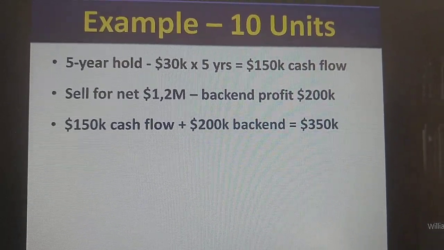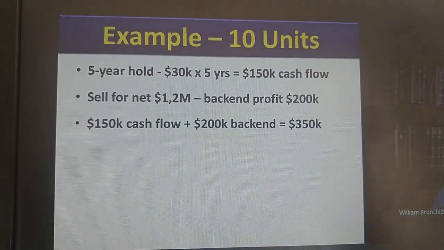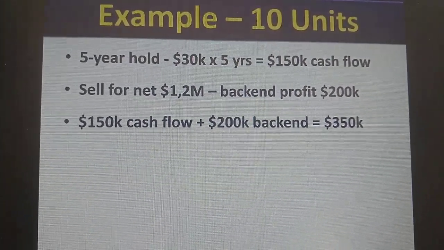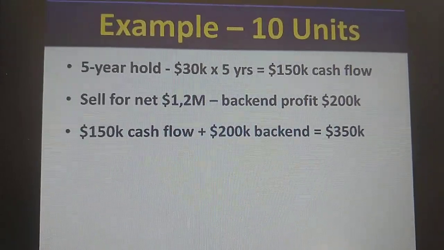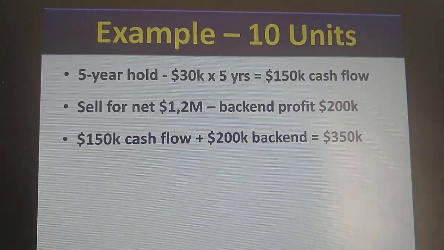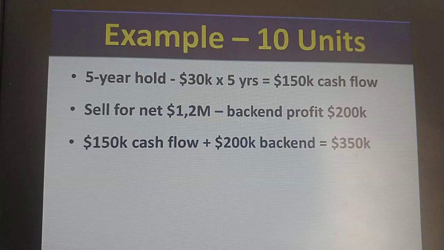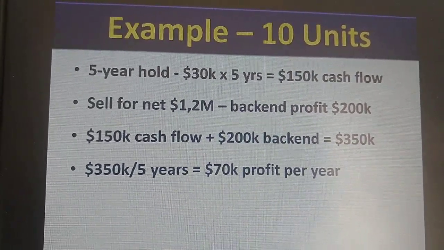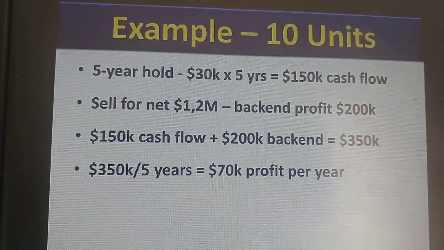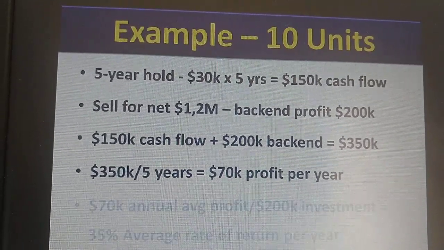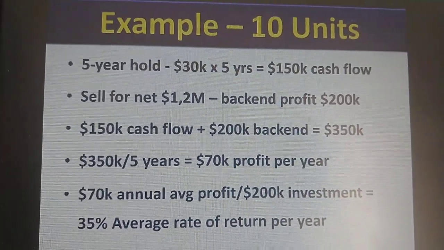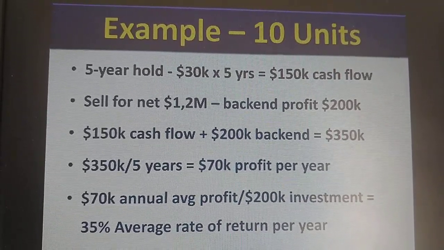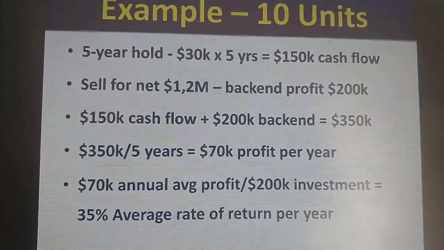So the $150,000 cash flow over 5 years plus the $200,000 capital gain gives you a total of $350,000 in net cash flow. We take that $350,000, divide it over the 5 years we own it, which gives us $70,000 profit per year, and $70,000 divided by our original $200,000 investment gives us a 35% average rate of return per year.